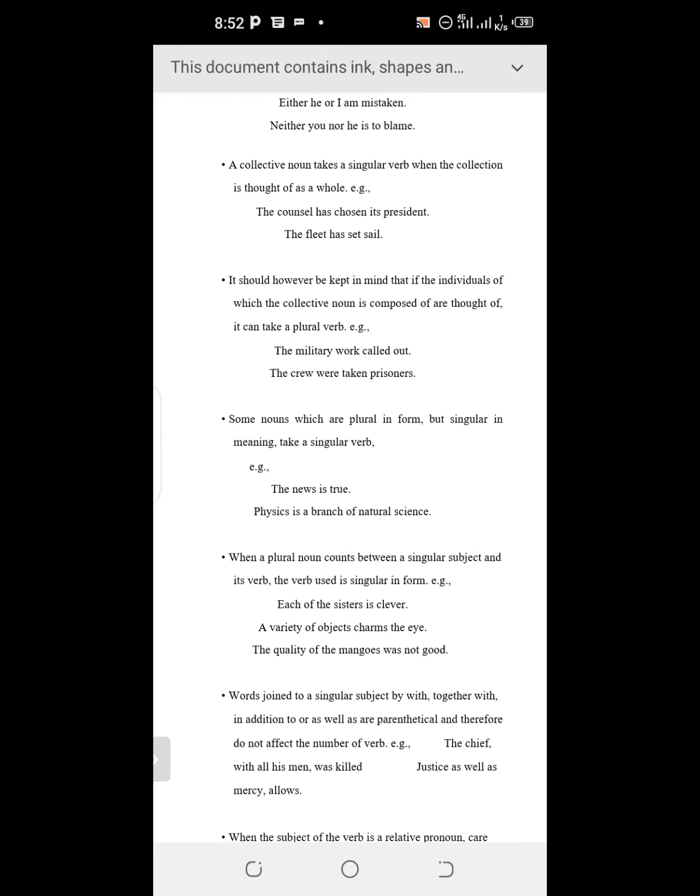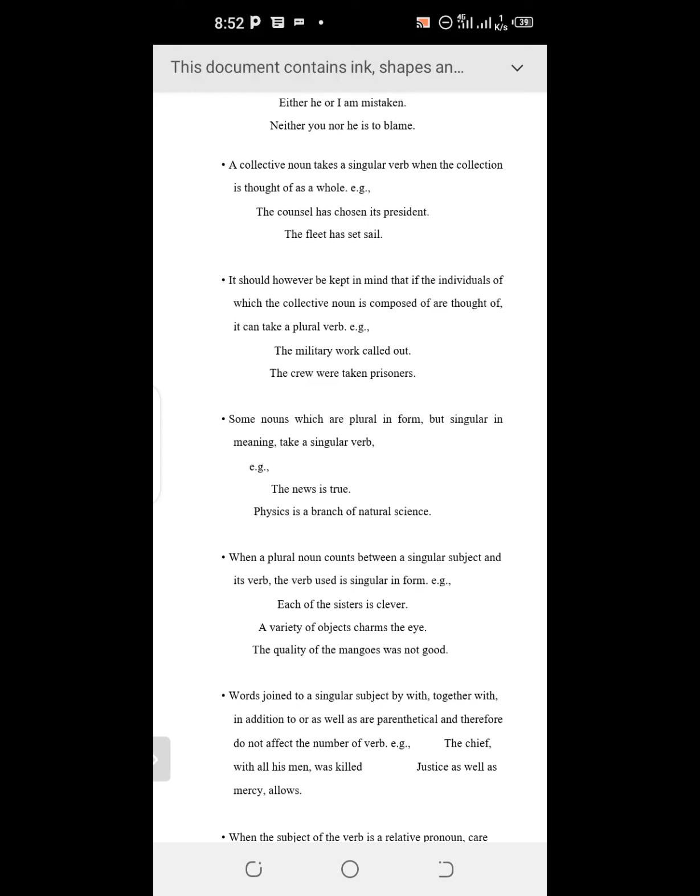It should, however, be kept in mind that if the individuals of which the collective noun is composed are thought of, it can take a plural verb. So when a collective noun is referred to as a whole, it takes a singular verb. And when a collective noun is not taken as a whole, but as individual members, then it takes a plural verb. So the answer is this, that a collective noun can take both a singular verb and a plural verb.